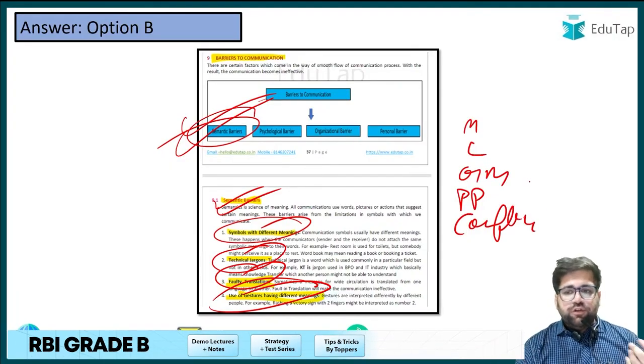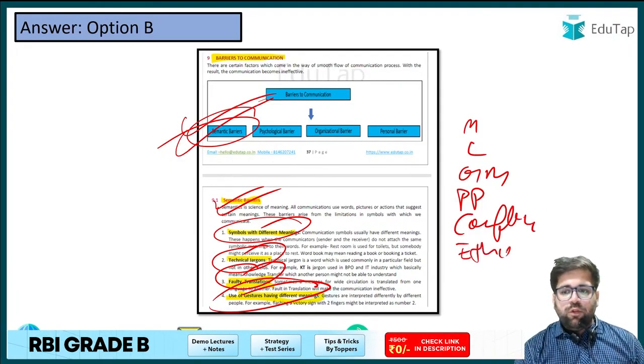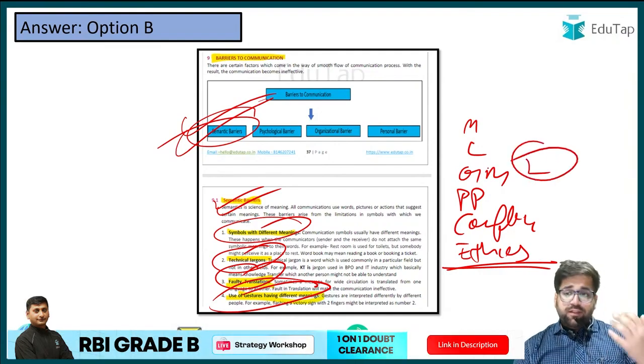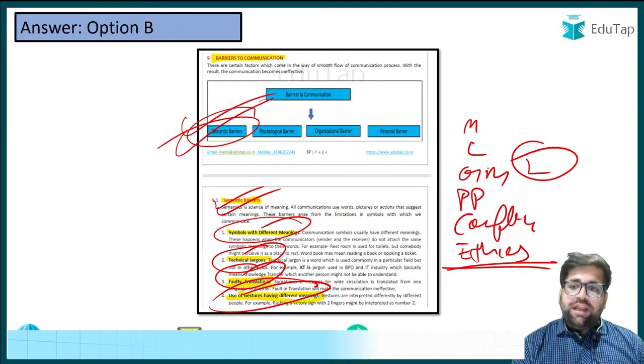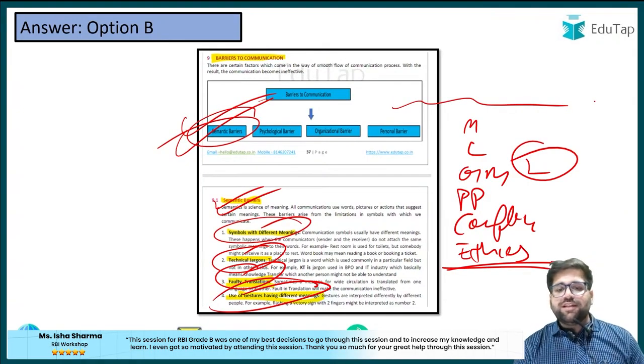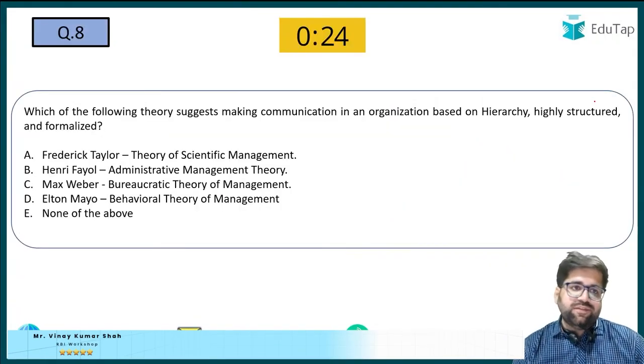To some extent, you can also say ethics. All these are core management chapters, leadership as well. So you have to understand all these chapters going deep. You cannot just have a surface reading, because if you are doing surface reading, then you are doing selective reading which can backfire sometimes.